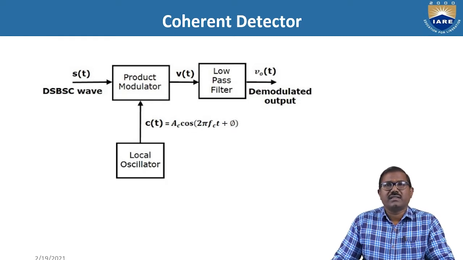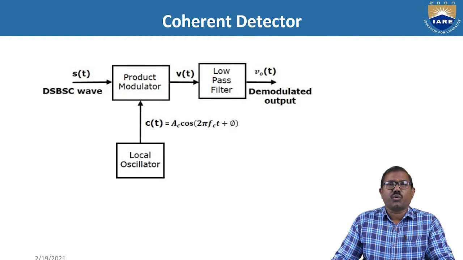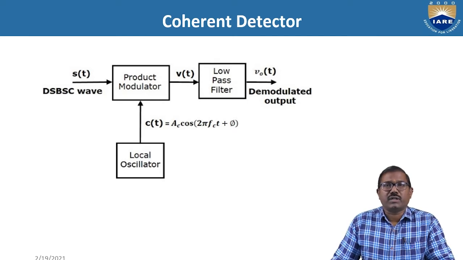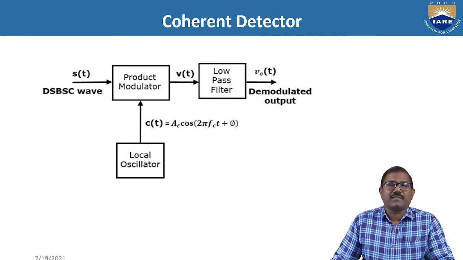The other input to the product modulator is c of t, a carrier signal generated by a local oscillator, which we can represent as Ac cos(2 pi fc t plus phi). Here phi is the phase difference.